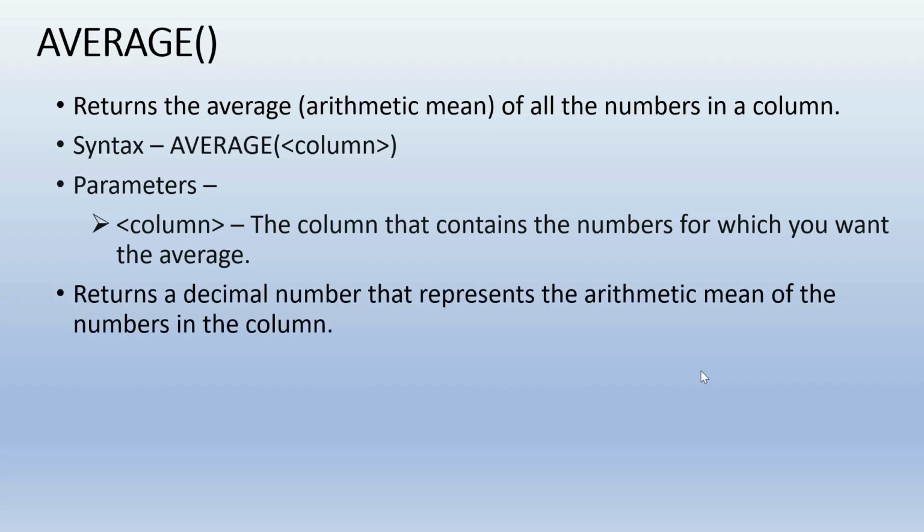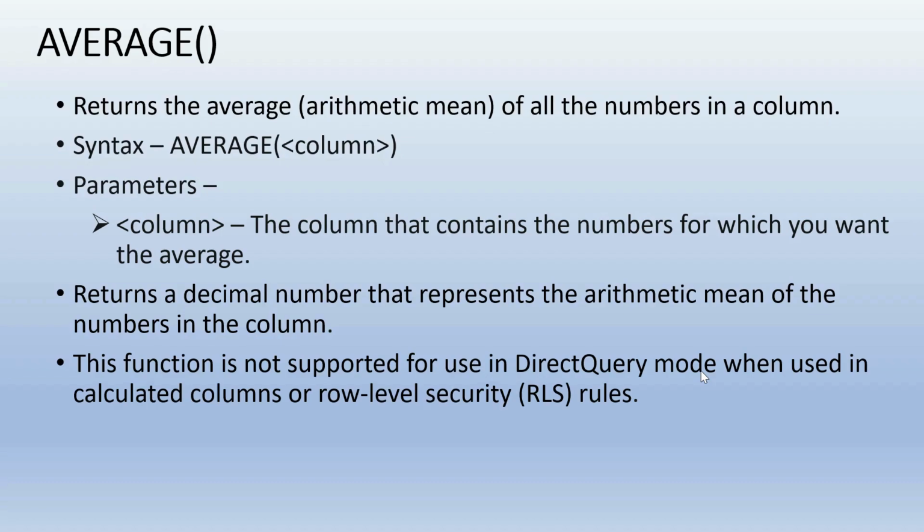One thing here is it always returns a decimal number that represents the arithmetic mean of the numbers in a column. That means it always works on numeric values. Text values are not acceptable here, right? Note that, the remark here is, this function is not supported for use in direct query mode.